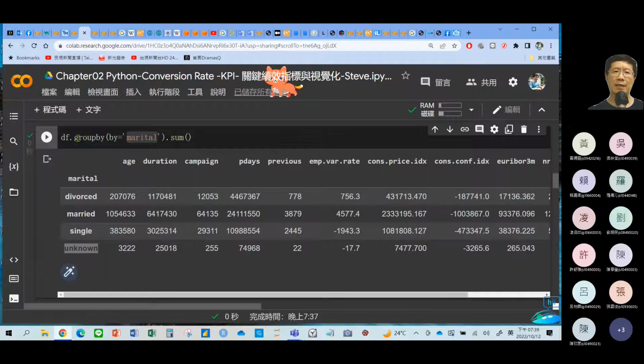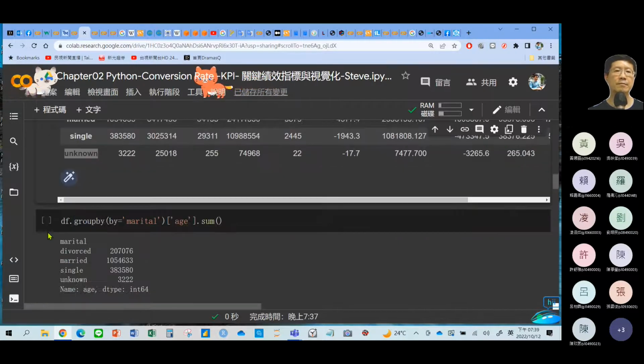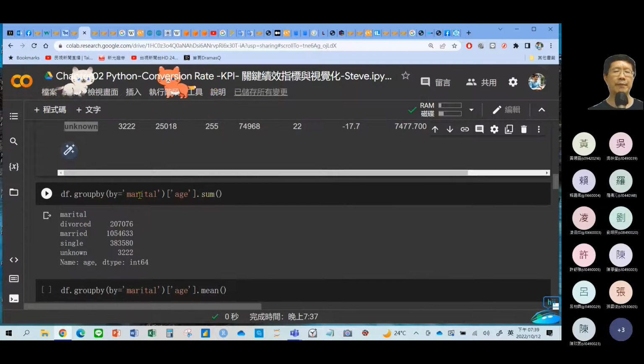So you know what the function for group by is. You can group by marital and calculate the age.